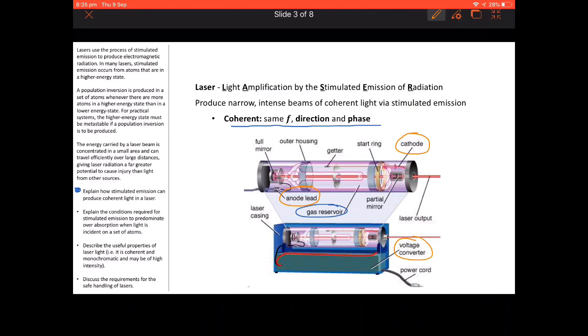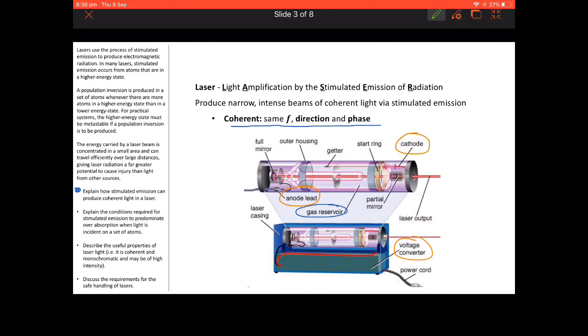Because it's doing work on them, it's transferring energy to them, raising the electrons to an excited state. The atoms that have been excited will then release their photons via stimulated emission.